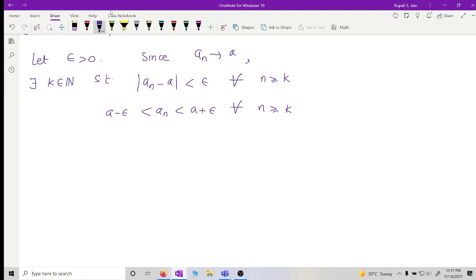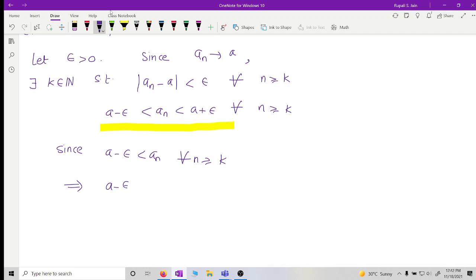Now with the help of this only we have to find what is limsup and liminf. Since A minus epsilon is less than a_n for all n greater than or equal to k, what can I say about A minus epsilon?